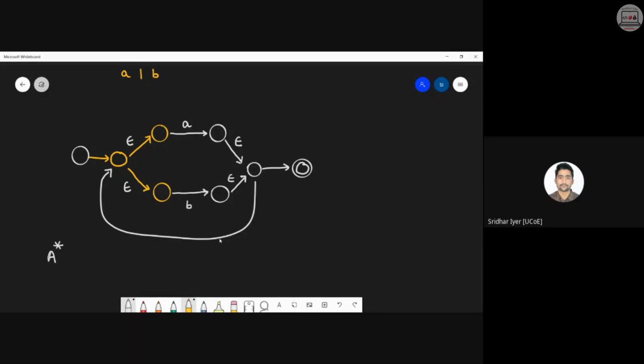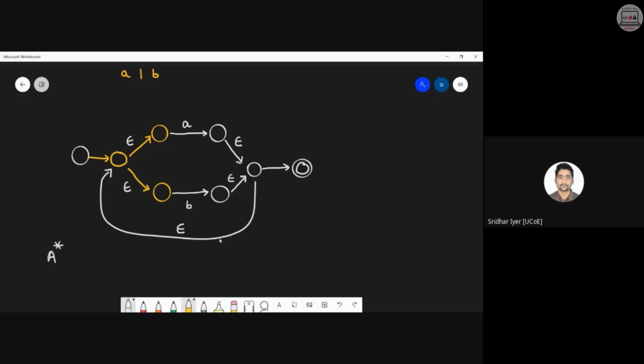Yes or no? Clear with this? Kindly let me know. This is nothing but a loop because it is A plus B closure. So it can be n number of A plus B's involved, right? So we have to go back with the help of an epsilon.